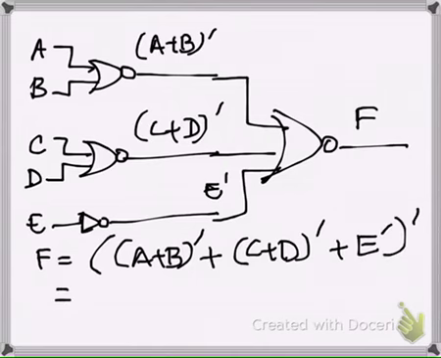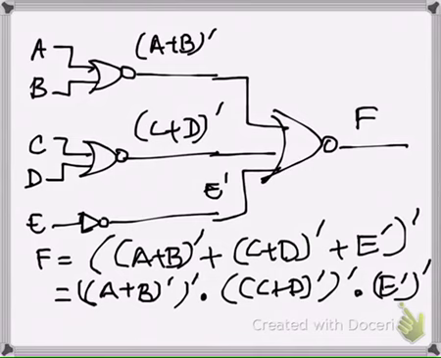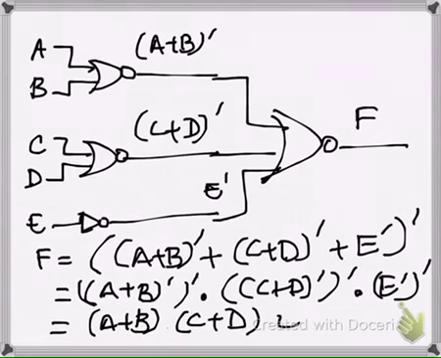If we expand it, I get A plus B complement, this plus will become dot, then C plus D complement, again this plus becomes a dot, and E dash complement. So when we expand, we get A plus B dot C plus D dot E. So this is our F.